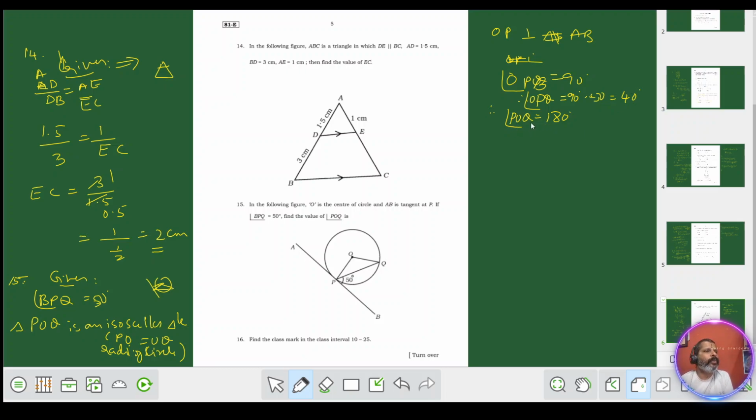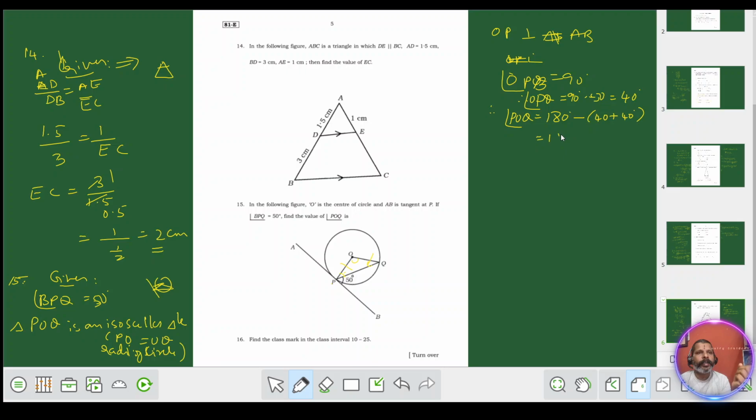Therefore, POQ is 180 minus 40 plus 40. Why 40 plus 40? Because we know OPQ plus PQO plus QOP is 180 degree. These two are radii of the circle, so these opposite angles are equal. Therefore, POQ is 180 minus 80. That comes to 100 degree. It's very important. So many kinds of rules have come here.